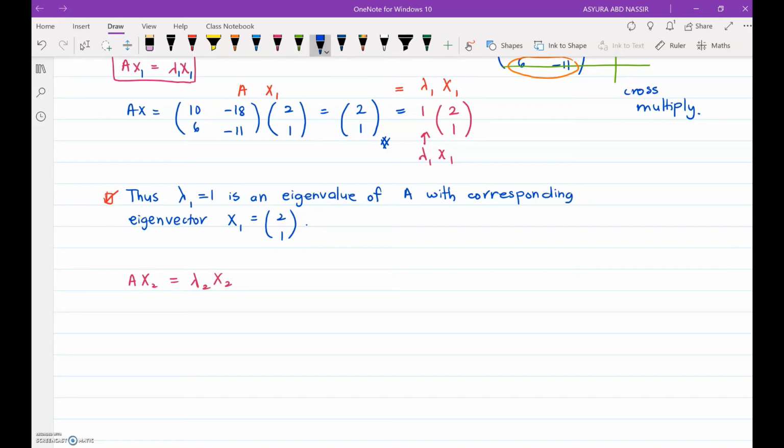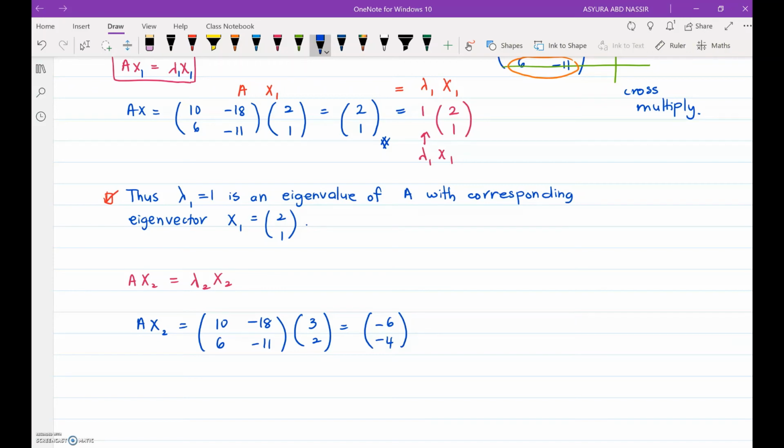Starting with Ax2, it is the matrix 10, negative 18, 6, negative 11 times x2, which is (3, 2). When you simplify, the first row is negative 6 and the second row is negative 4.